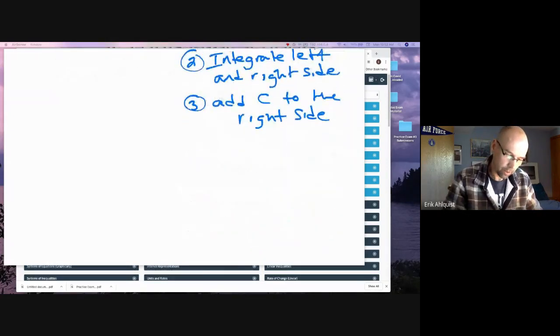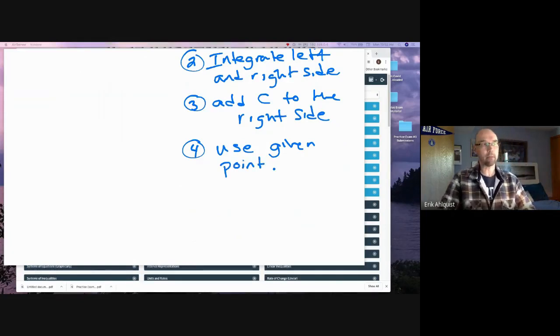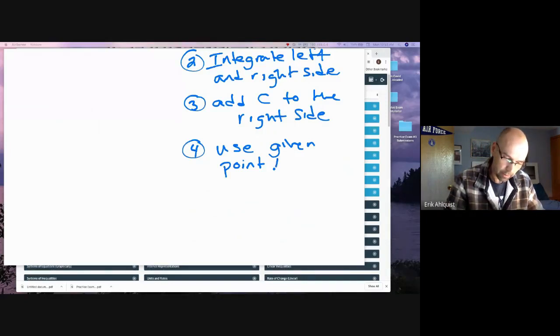Step 4 is use the given point. There's some kind of point that they will give you. So use that point to find the C value.